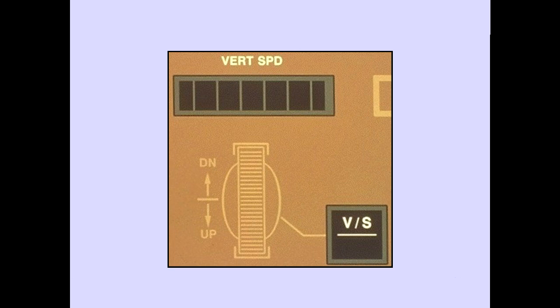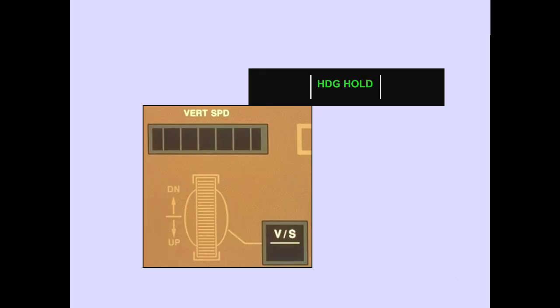Selecting vertical speed mode permits climbs or descents at pilot-selected vertical speeds. Prior to engaging this mode, the vertical speed window is blank. This mode of operation can be selected by pushing the vertical speed switch.